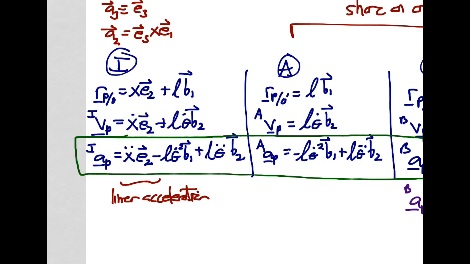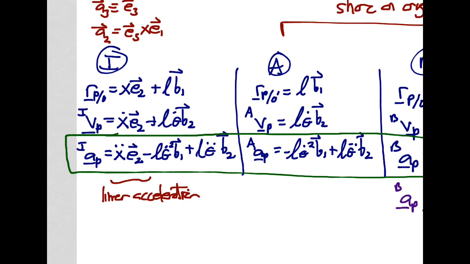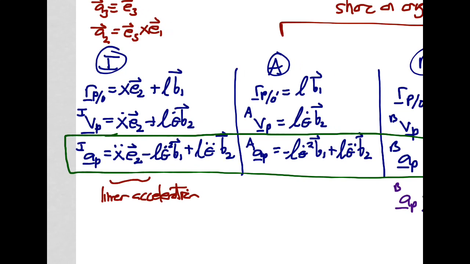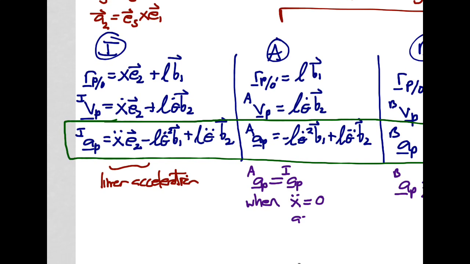Remember, this is the linear component, it's that coordinate, it's not our rotational component. So what we see is that the acceleration of P, when observed in the A reference frame, can be equal to the acceleration of point P as observed in the inertial reference frame, only if x double dot is equal to 0. Or in the way that we structured this problem, when A is equal to 0, our acceleration is equal to 0.